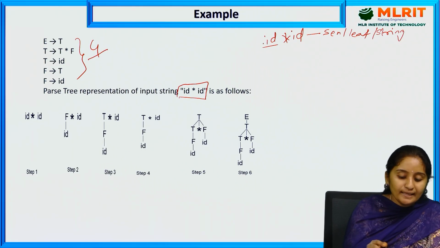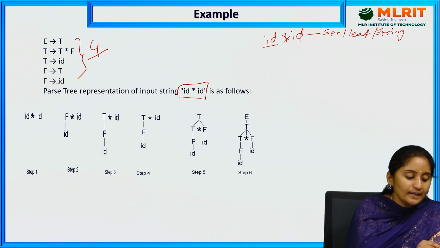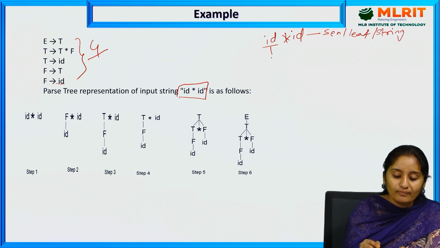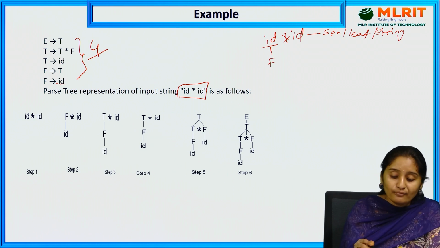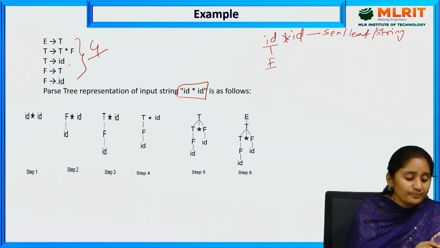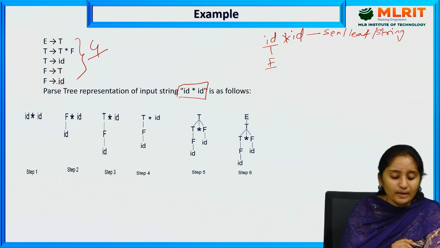ID is found in the productions, and it can be replaced with F. Now check F: can it be reduced further? No, it cannot be reduced.